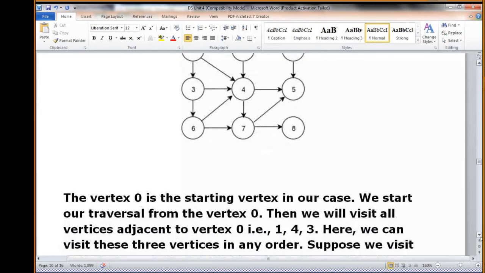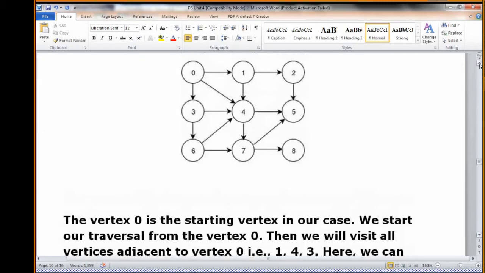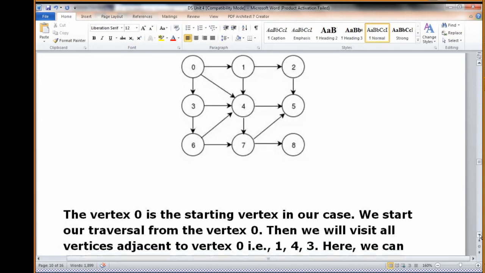We will visit 1, 4, 3, and after that 1 has 2, and 4 has 5 and 3 has 6. We will visit 0, 1, 4, 3 and next 2, 5, 6, and after that 7, after that 8. So we complete the levels one by one like that.